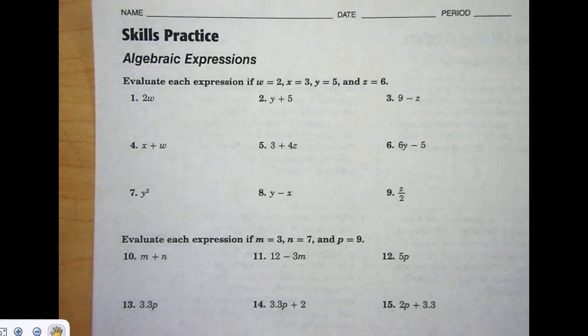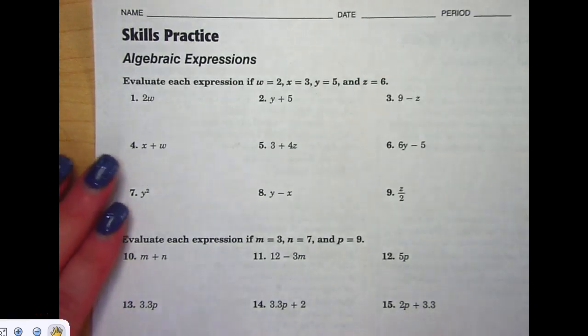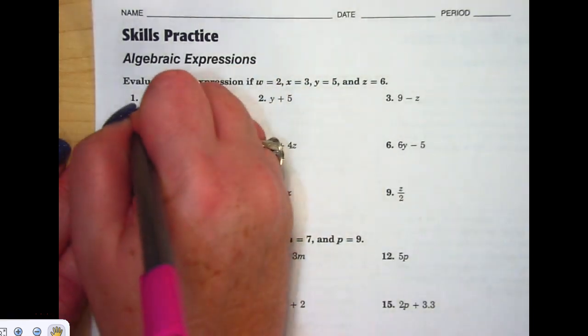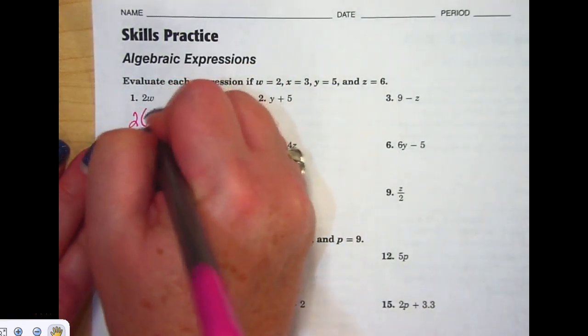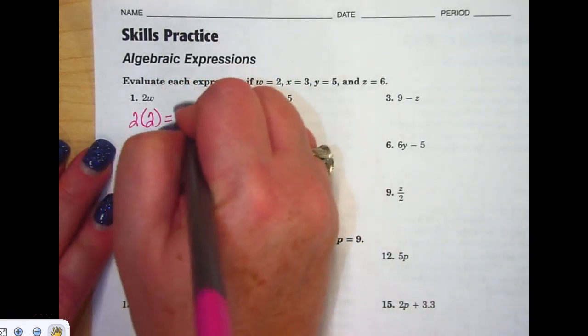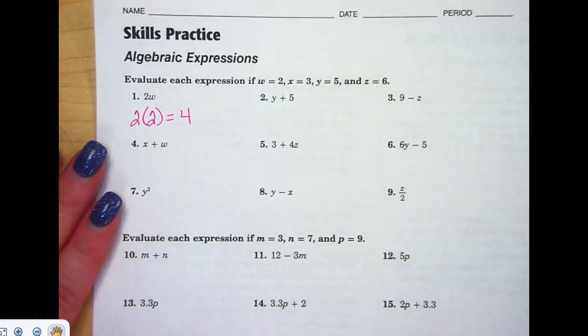Okay, so let's just look at an easy one like number 1. 2W. What's the operation that's happening between the 2 and the W? Multiplication. So make sure when you rewrite that, you show 2 times, and W is 2. 2 times 2, and that equals 4. If you do not show your substitution, it will be wrong, and you will have to redo it. Let me reiterate.